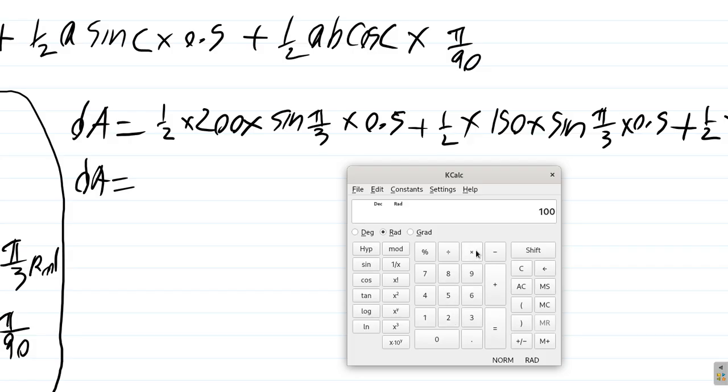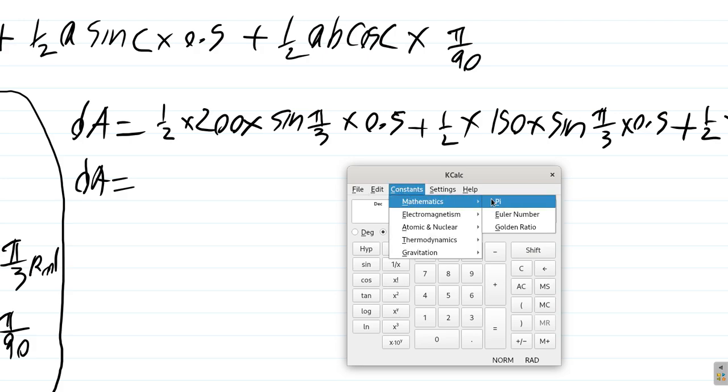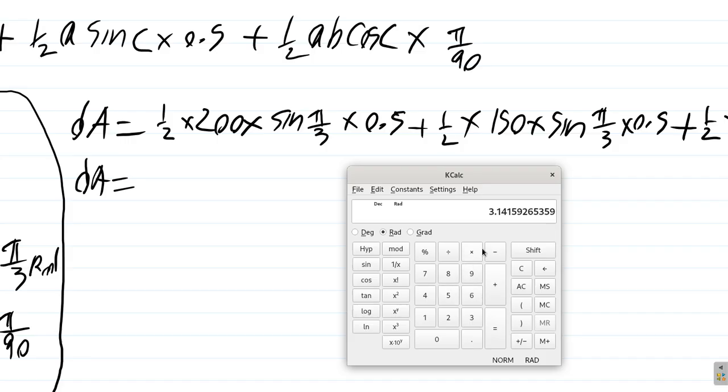Alright, so half times 200 is 100. 100 times pi over 3. Let's clear it and just deal with the pi over 3 business first. Pi divided by 3 equals 1.047.